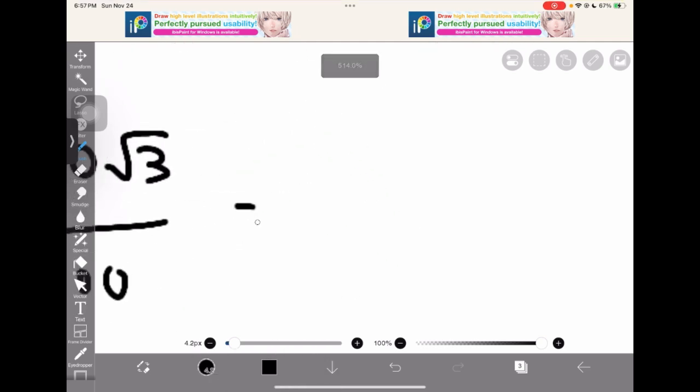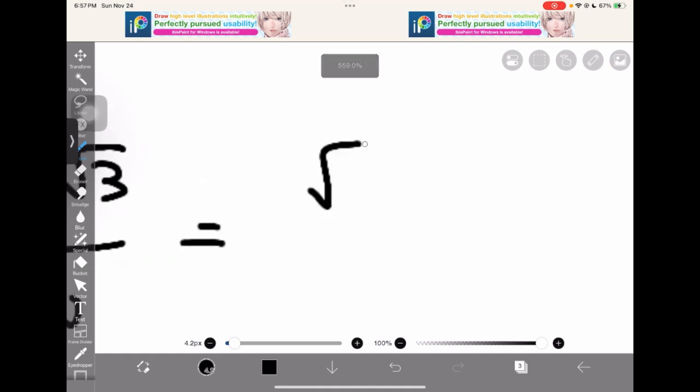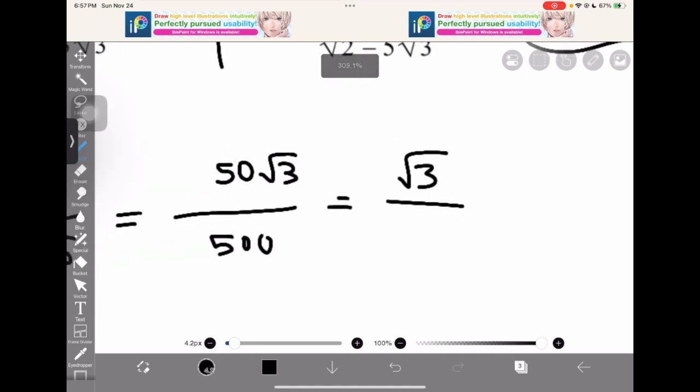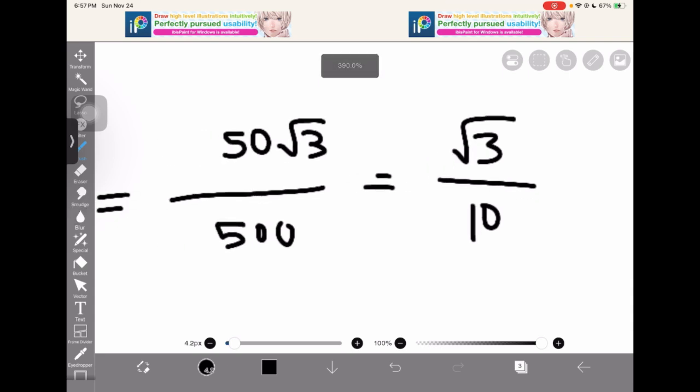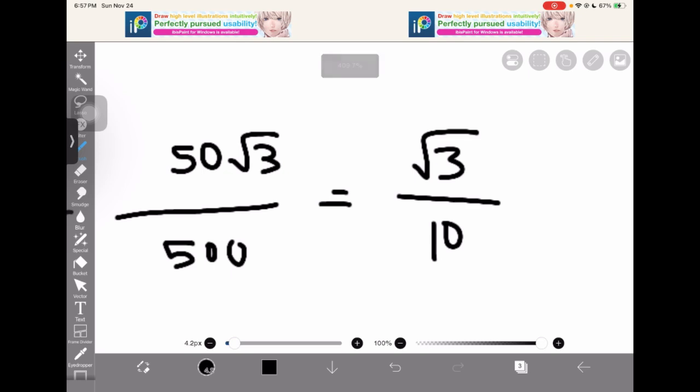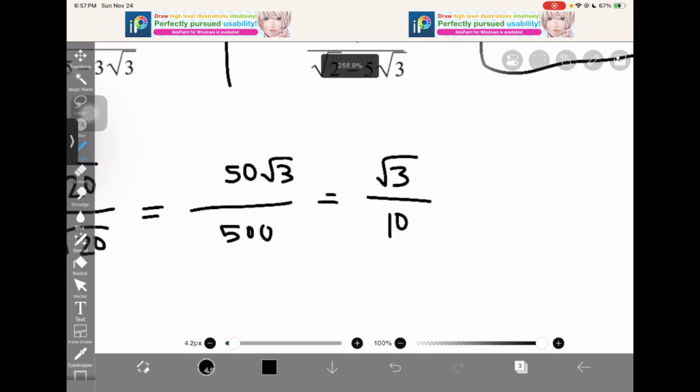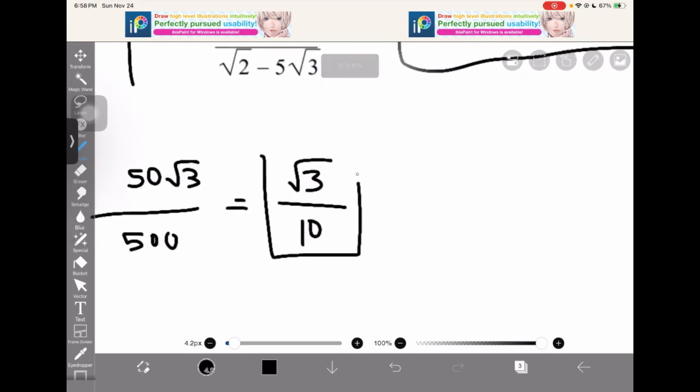That's equal to square root of 3 over 10, because we just cancel these each other out. So 50 over 500 becomes 1 over 10. And that's the first one.